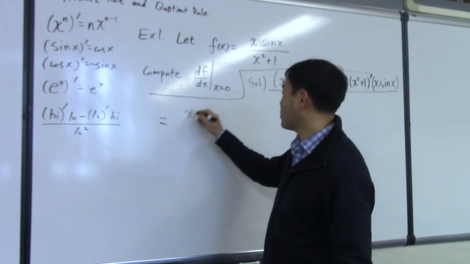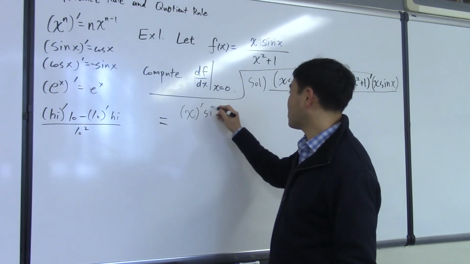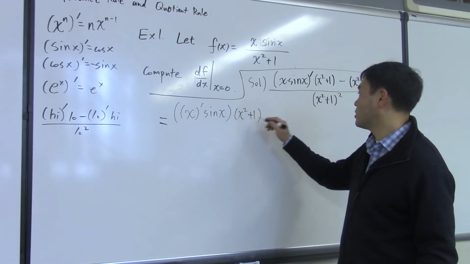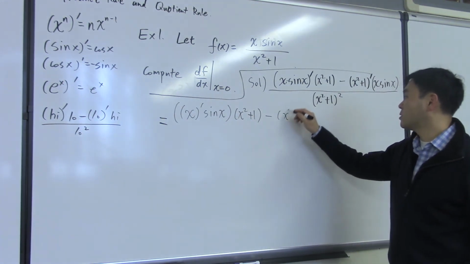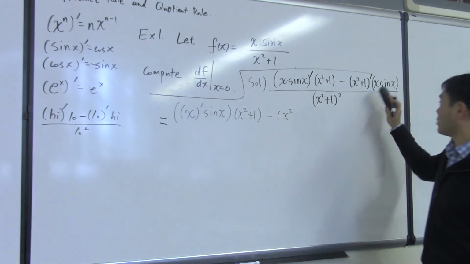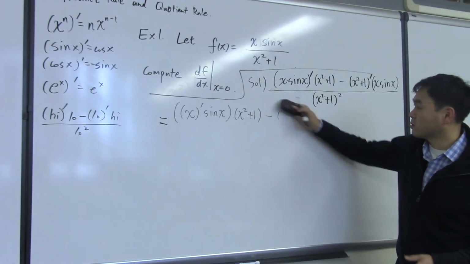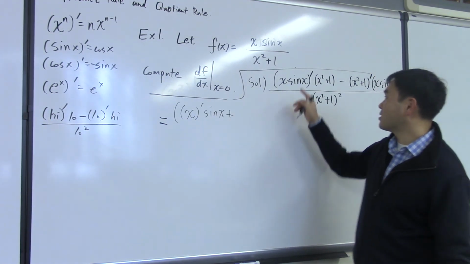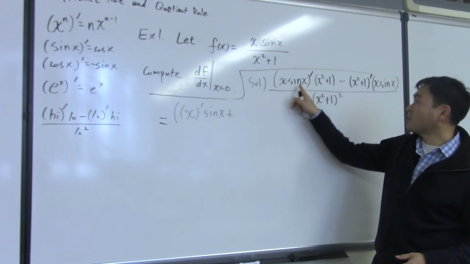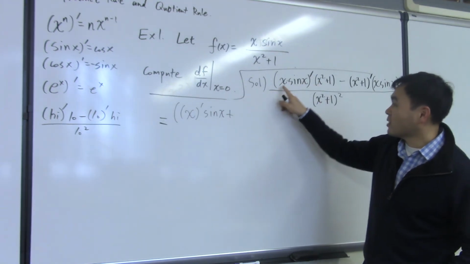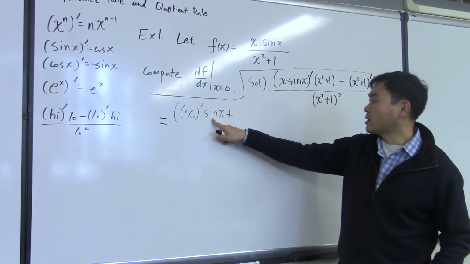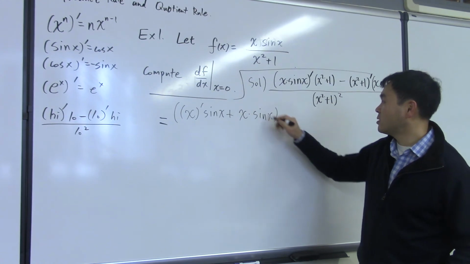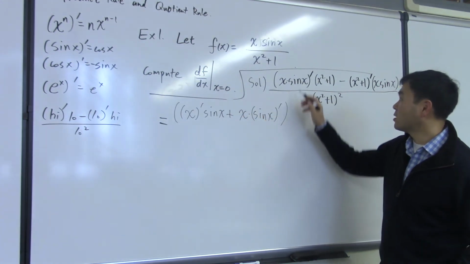So you have to differentiate the first one times the second one, plus the first one times the derivative of the second one.